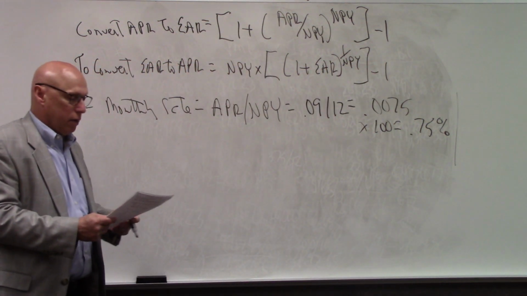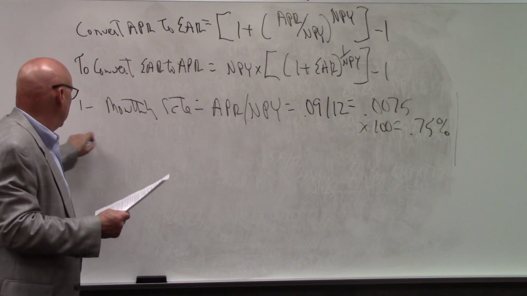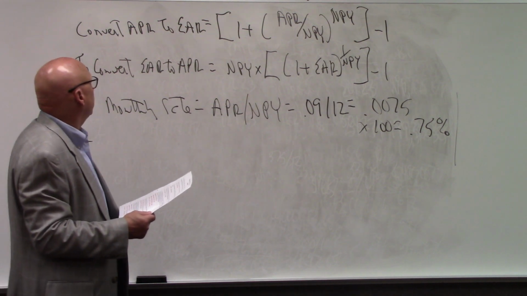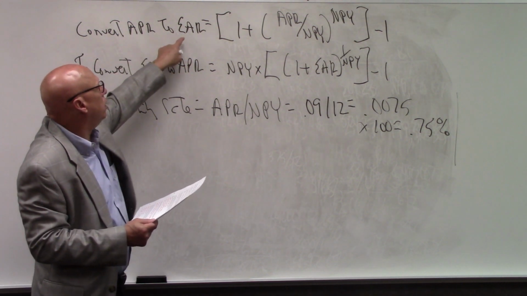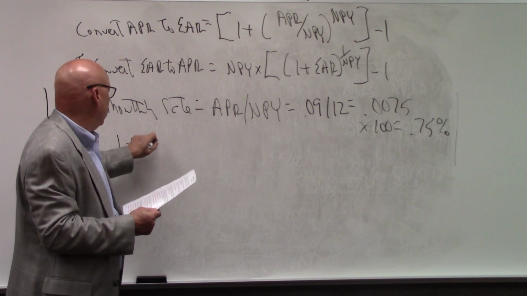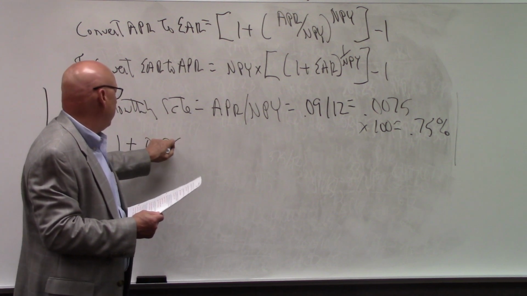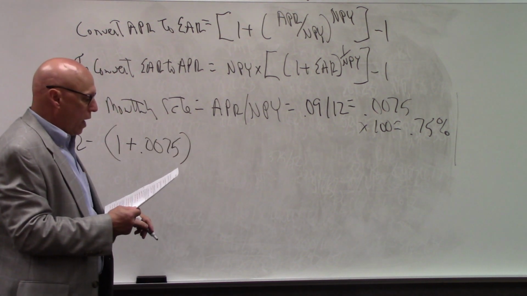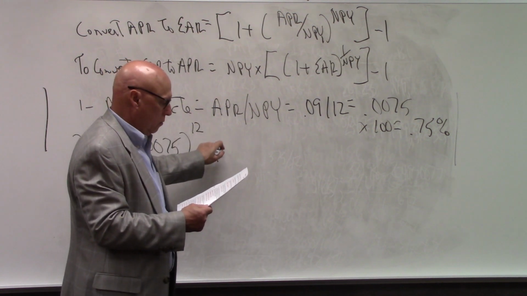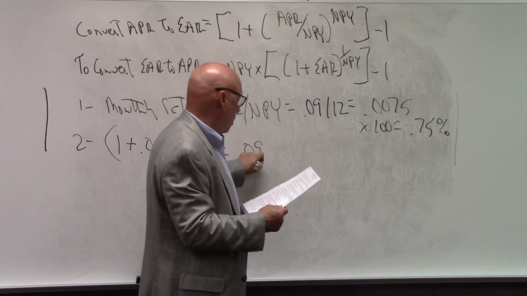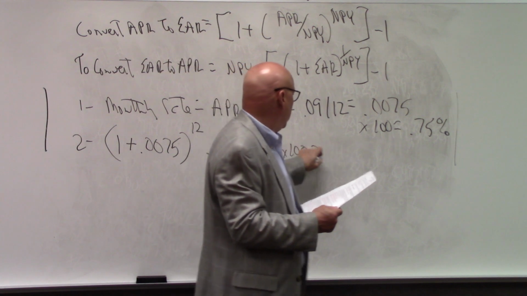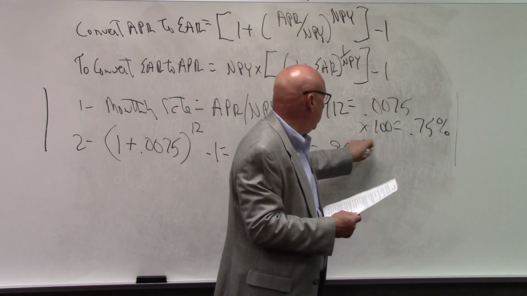Okay? If the loan compounds on a monthly basis, what is the effective annual rate on this loan? Okay, so the effective annual rate, we're going to take the APR to the EAR, is 1 plus 0.0075 raised to the 12th, minus 1 is 0.0938 times 100 equals 9.38%.